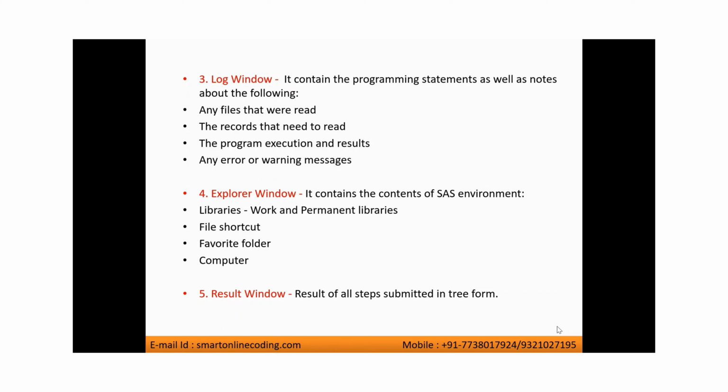Whenever you are doing real-time projects in the clinical industry related to any particular sponsor or any CROs, this log window plays a very important role in your work. How it does: whenever you're writing any piece of code and you submit it to run, the first thing you have to do is go and check the log window.